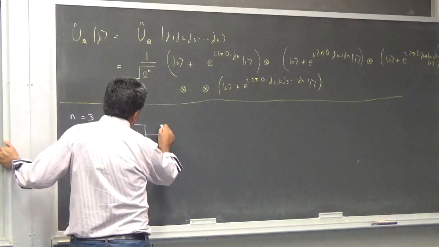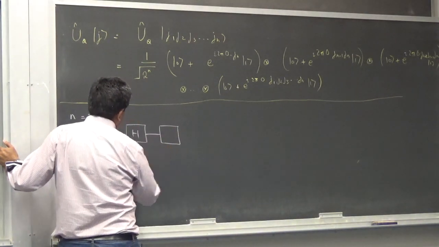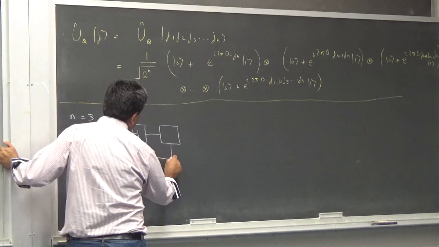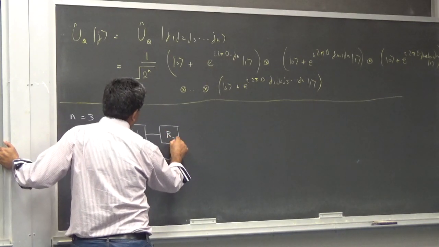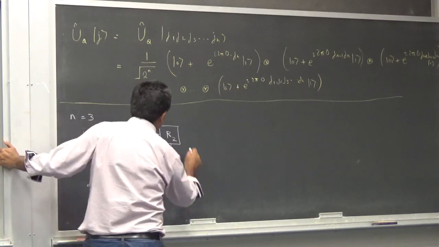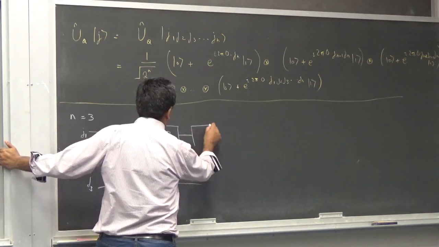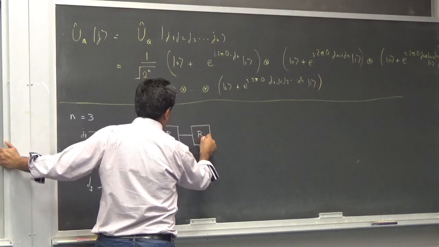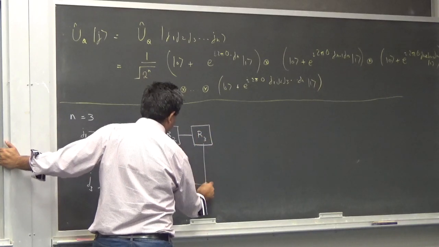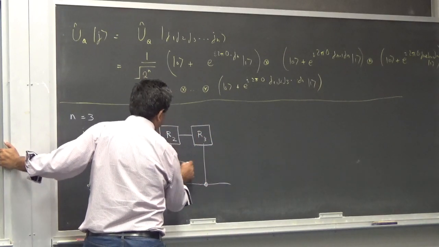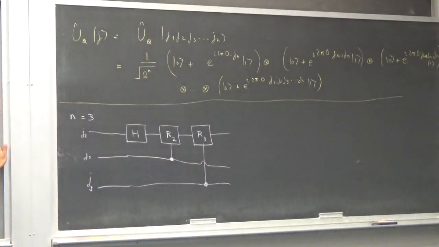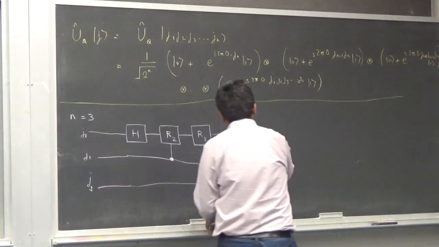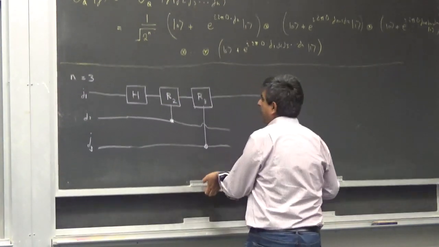Then I apply a gate. I'll define what this gate is in a minute. R2. R3. Okay, and then let's move on. So we've done one part of the story.